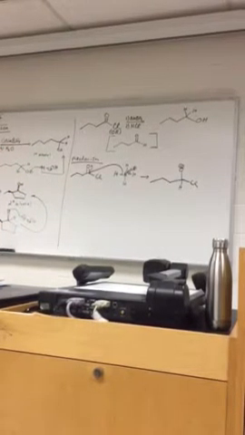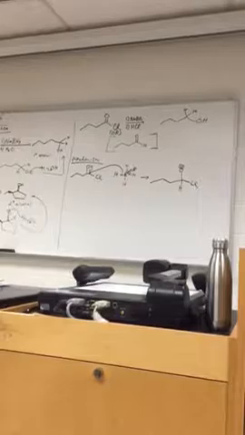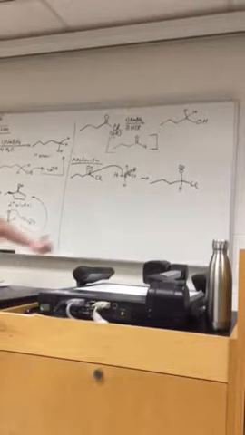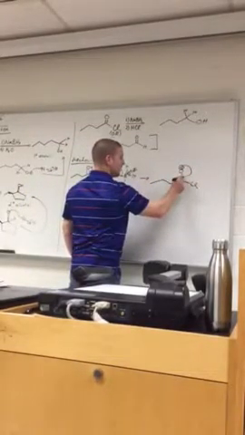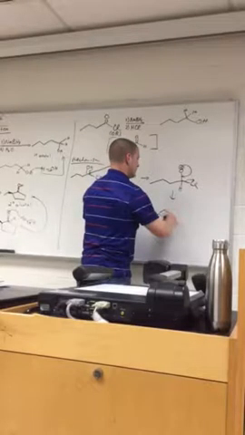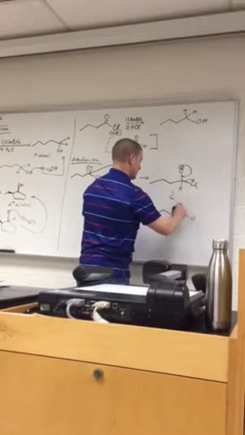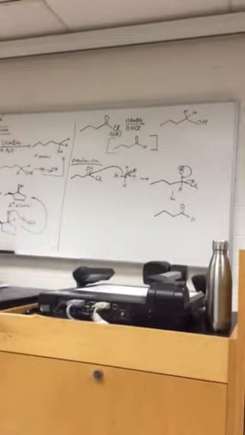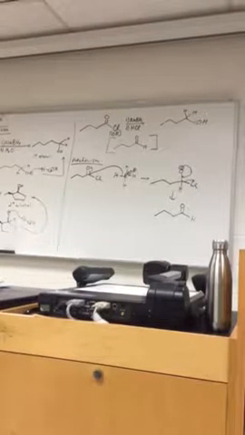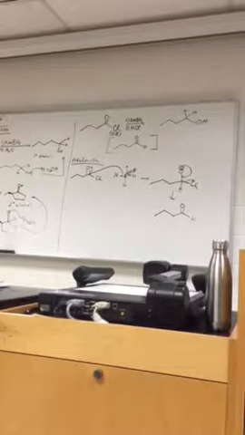So now, once you get that alkoxide, because you have a good leaving group attached, it can kick back down and push out that leaving group. So this pair of electrons will come back down and push out, and that gives you your aldehyde. That's the acyl substitution part of it, okay?